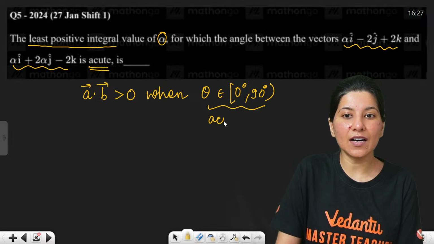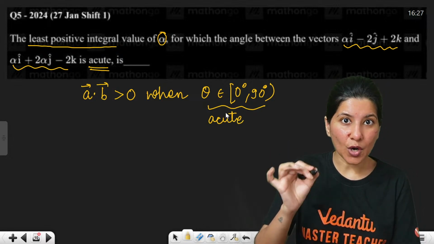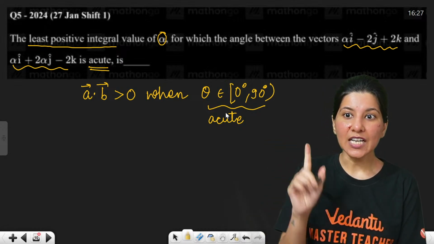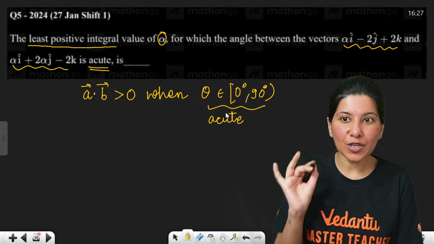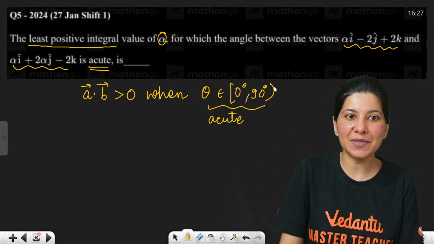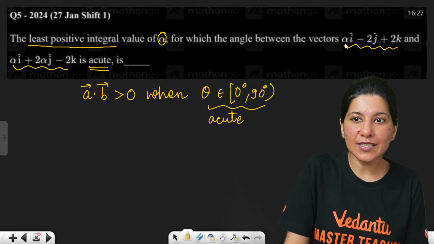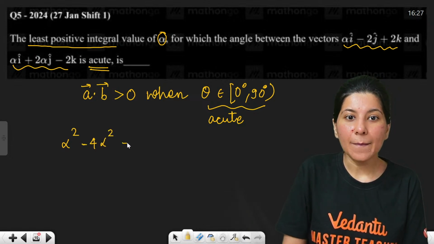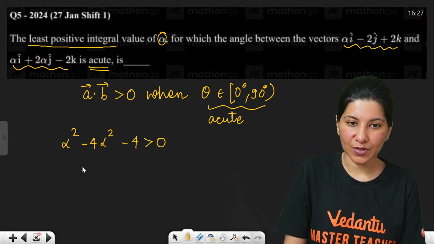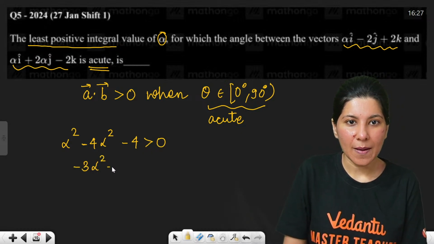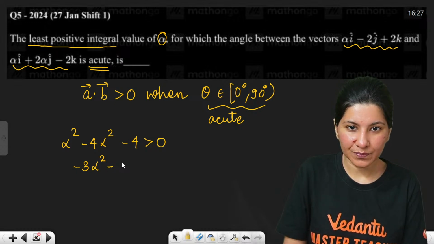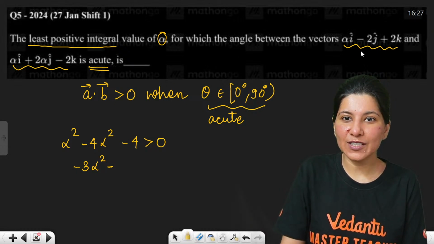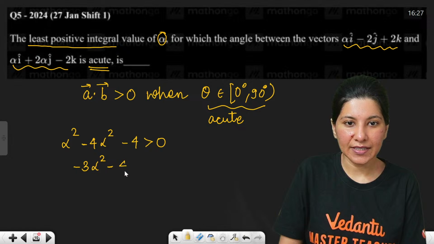Basically, when theta is acute, then the dot product is positive. So dot product greater than 0, that's it. This is the overall condition you have to apply and you're done. Dot product you can calculate. Dot product is what? Alpha square minus 4 alpha square minus 4, greater than 0, right?